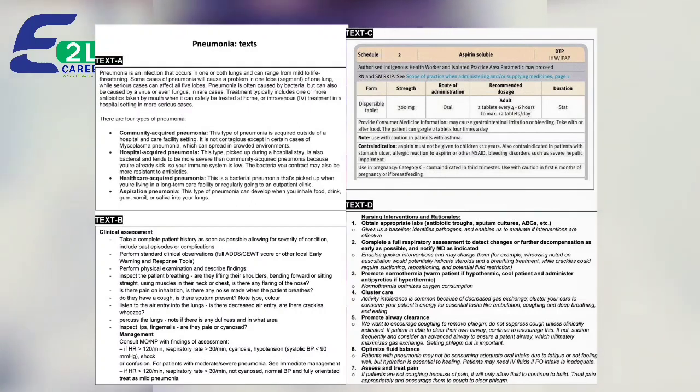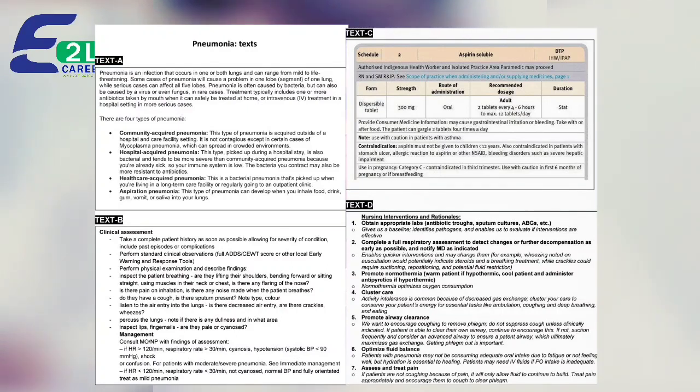Well, now we'll start with text C. They have written in bold letters: schedule, aspirin soluble, authorized indigenous health worker and isolated practice paramedic may proceed, with scope of practice when administering or supplying medication.